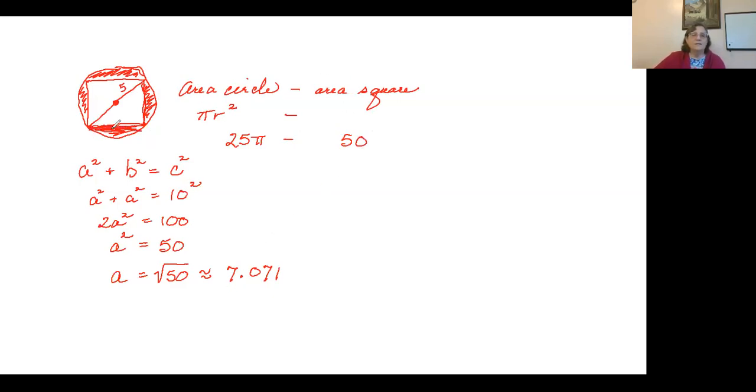See, if this distance is the square root of 50, and this distance is the square root of 50, the square root of 50 times the square root of 50 is 50. So a squared is the area. So just 25 pi minus 50. 25 times 3.14 is going to be about 78.5 minus 50 is going to be 28.5.